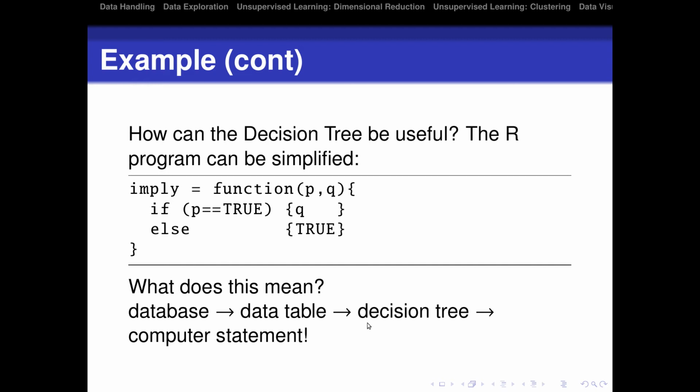Based on this data table, we want to construct a decision tree, because a lot of times in any operation we want to get the features right to make decisions. That's the main reason decision trees are popular. Once we have the decision tree, we can start to construct computer statements and then run it and process our data.